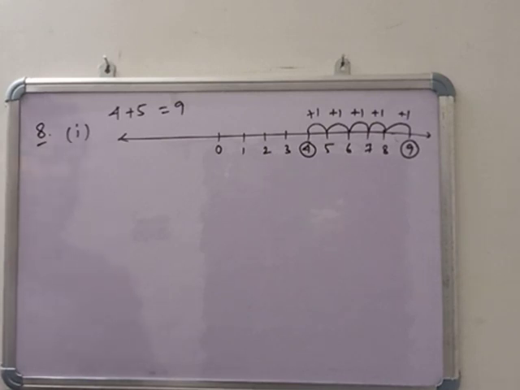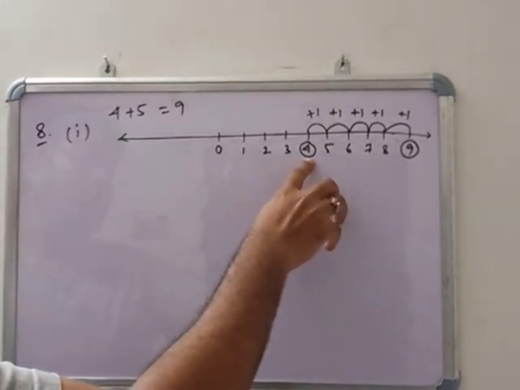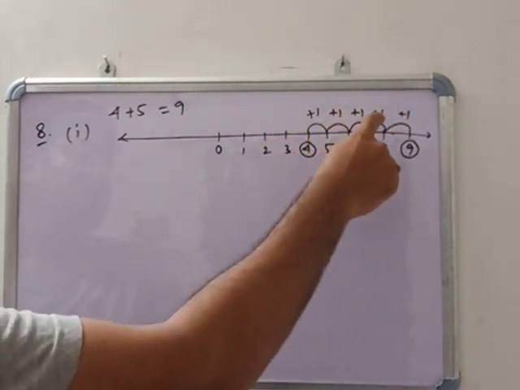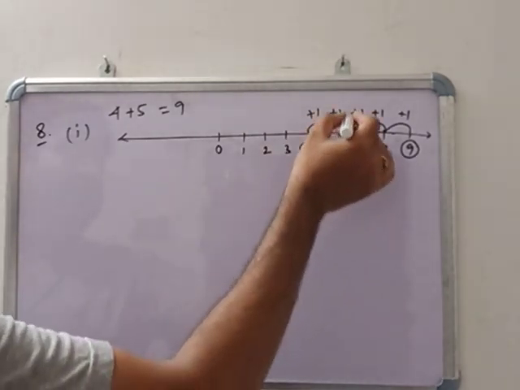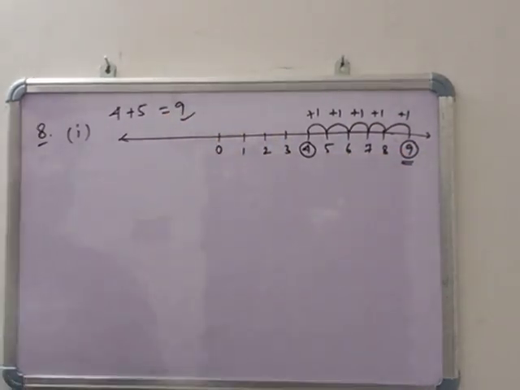You can show any one. So that means 4, an addition of 5. That means plus 1, plus 1, plus 1, plus 1, plus 1. That means 9. So 4, the next 5 addition, this is 9. So 9 is the answer.